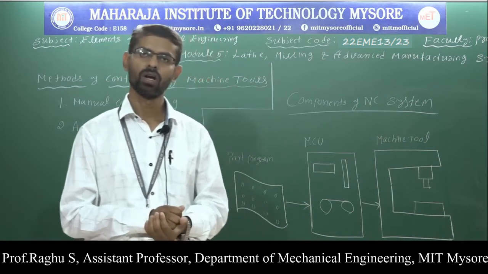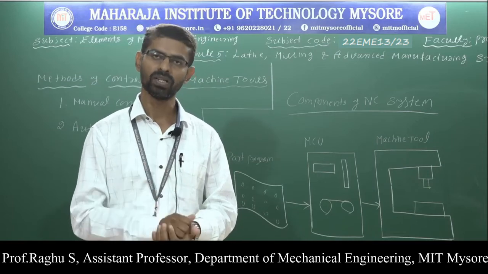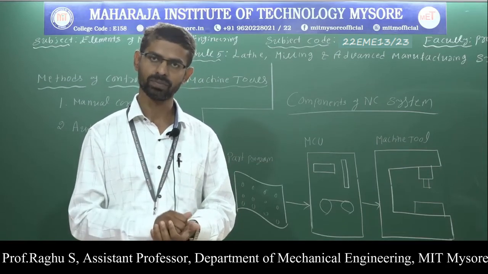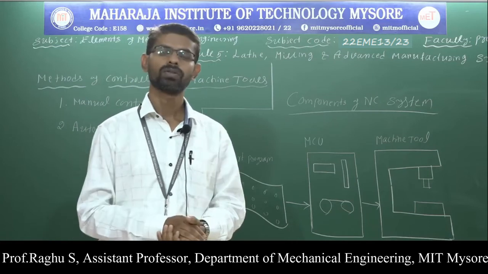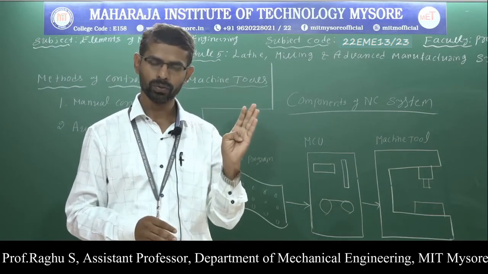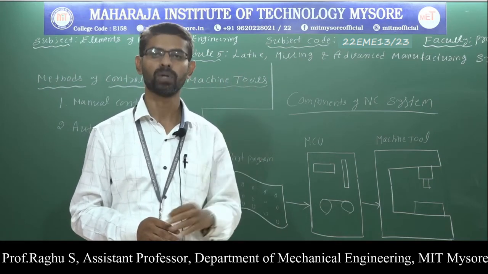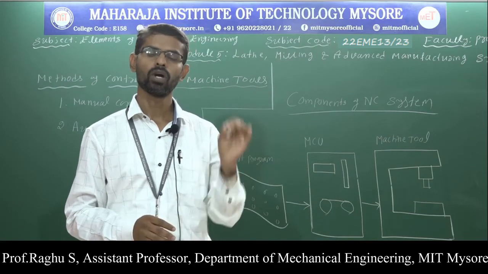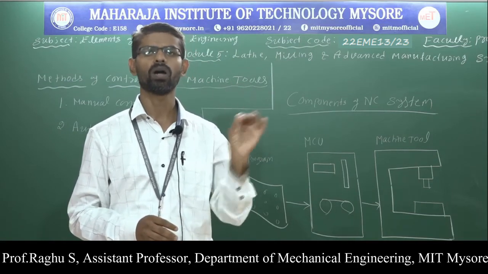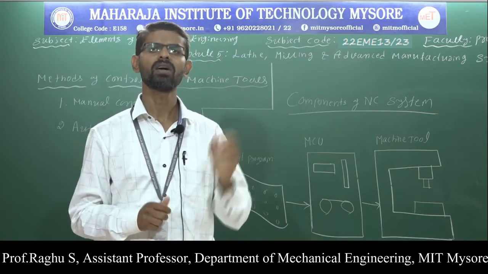Then applications. CNC machines are used in aircraft industries, machining industries, manufacturing industries, and automotive industries. CNC machines are used when complex parts are to be produced, when parts require high accuracy and precision, when parts are too small or too big, and when parts are needed in a hurry.